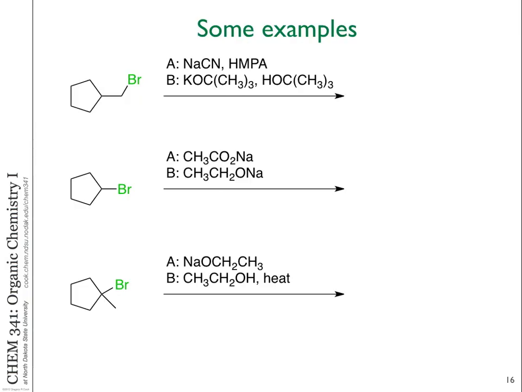I want to show a couple other examples. I'll actually ask you, what happens if I take something like this? That's a bromine, even though I can't draw very well. And I take this molecule and treat it with a base. One base that's really good for deprotonating alcohols is sodium hydride, NaH.